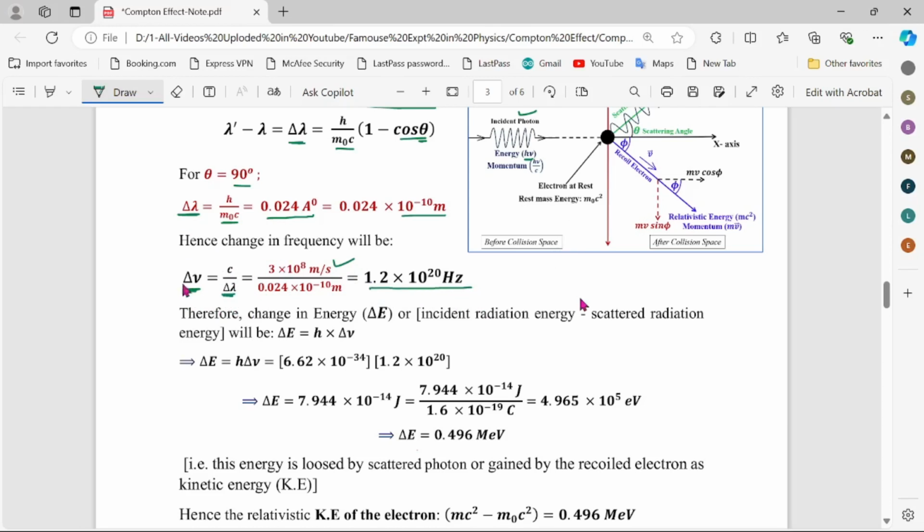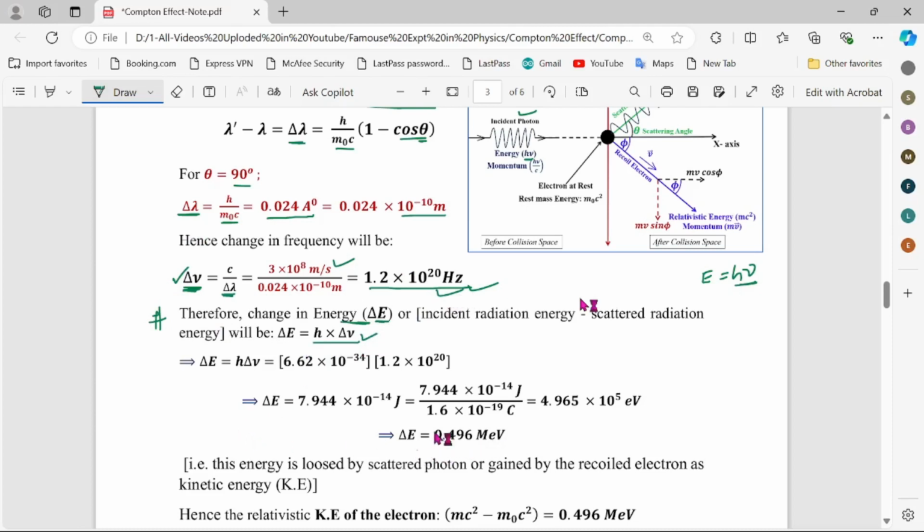This line is most important. We found the change in frequency, this many hertz. So what will the change in energy be? Because we know that E equals Planck constant into mu, the change in energy delta E will be h into delta mu.